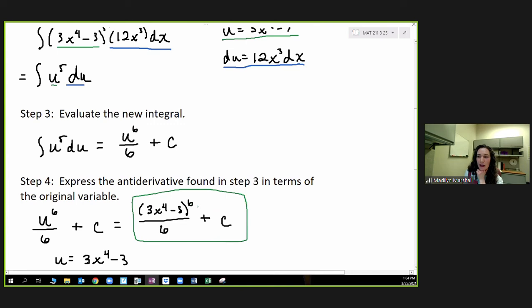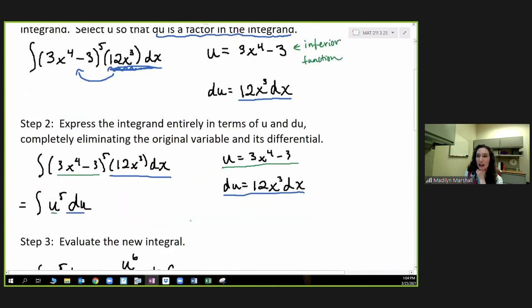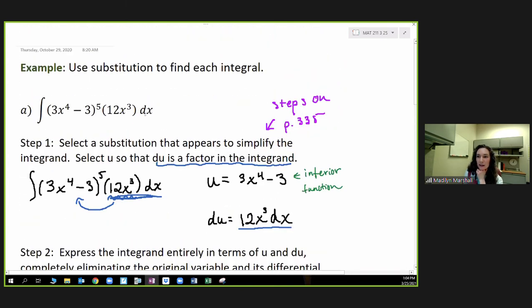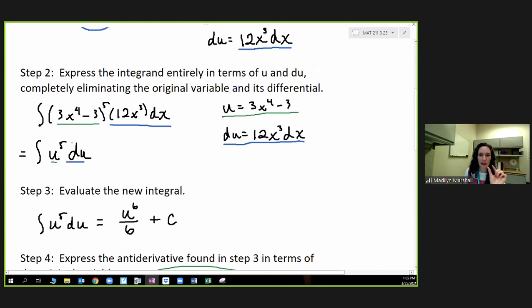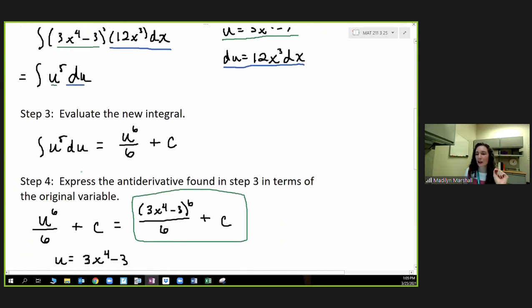And then we would multiply by the interior and we would get what we started with inside this integral. So u substitution is tricky, but it's really nice when we get the hang of it because we're starting with this messy thing and then we have just this cute little integral to apply one of our rules to, and we can go back to x in the end.